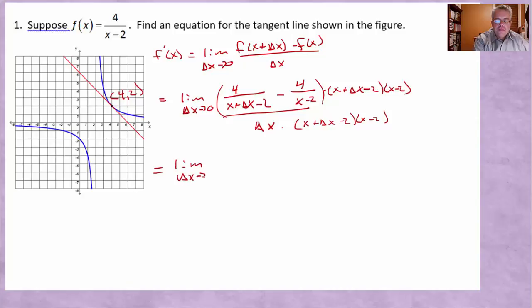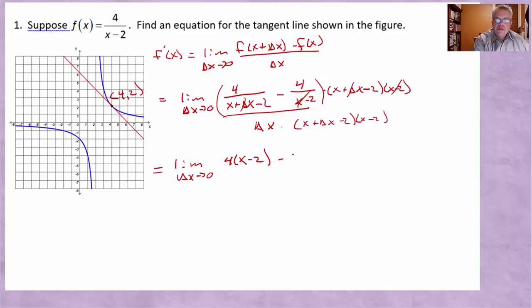But this is the limit as delta x goes to 0. When we multiply this times this first fraction, this cancels. The x plus delta x minus 2 will cancel, and it'll be 4 times x minus 2. I'm skipping a little writing, I hope that's okay. We've kind of done this before. Now, when I multiply this whole thing times 4 over x minus 2, the x minus 2's will cancel.